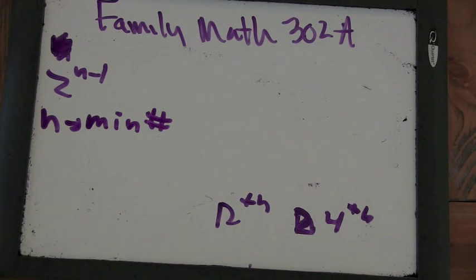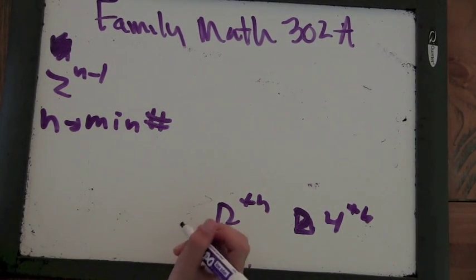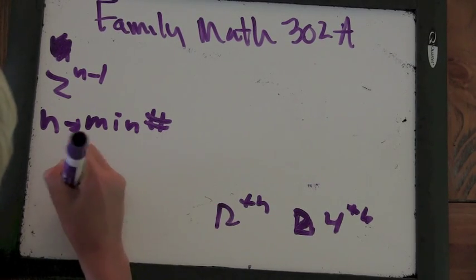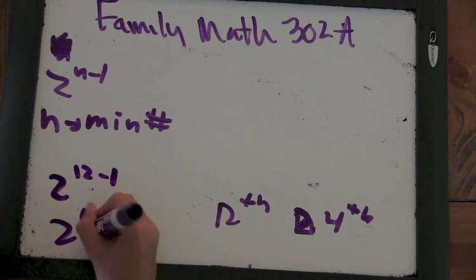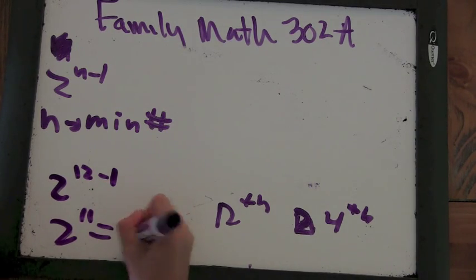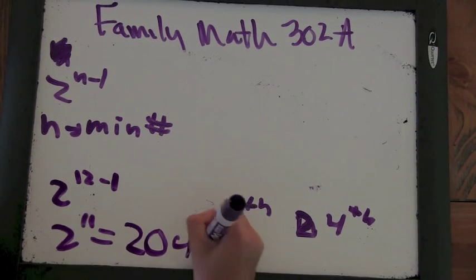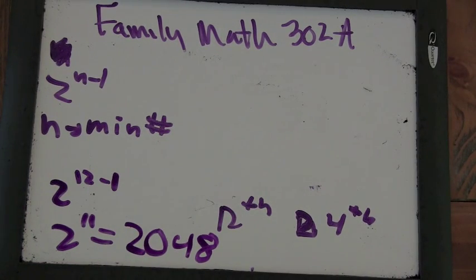It was like the first, second, third. That would be n. So if the third minute, n would be 3. So on the 12th minute, n is 12. The number of leaves on the ground is equal to 2 to the 12 minus 1, 2 to the 11th, which is 2048. Okay. 2048 leaves on the ground.